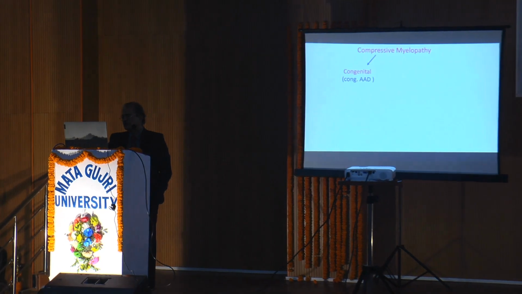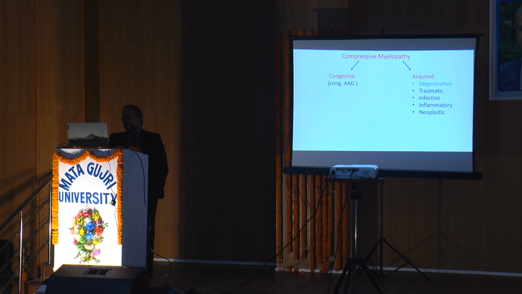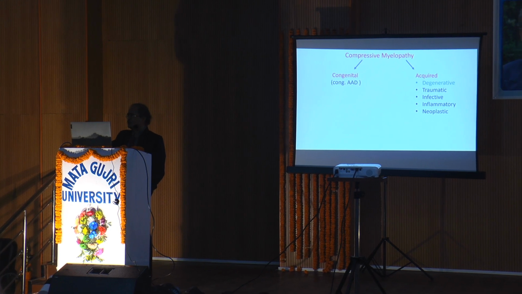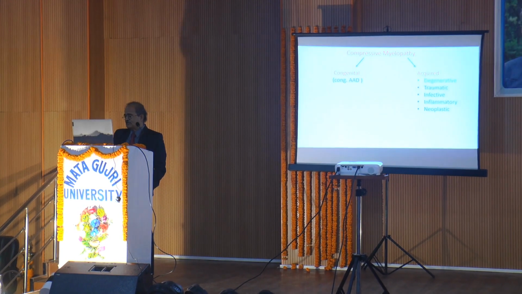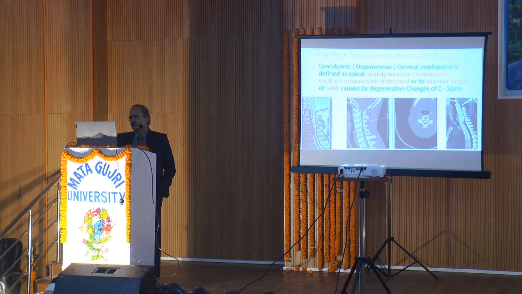So compressive myelopathy may be congenital or acquired. Congenital is usually because of congenital AAD. Acquired ones are degenerative, traumatic, infective, inflammatory, and neoplastic. But the commonest ones which you are going to get in your exam are infective and degenerative. So we say spondylotic myelopathy, because of the degeneration. So what is spondylotic cervical myelopathy?